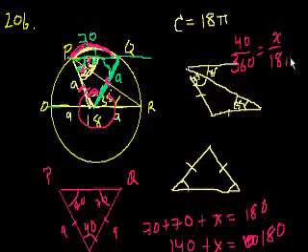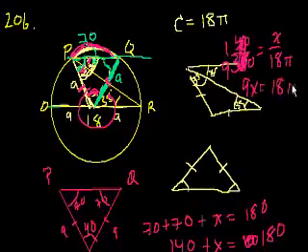So let's see if we can simplify this. 40 goes into 360, well, that's 1/9, right? So this becomes 1 over 9, and then we can cross multiply and get 9x is equal to 18 pi. x is equal to 18 pi divided by 9, which is equal to 2 pi.